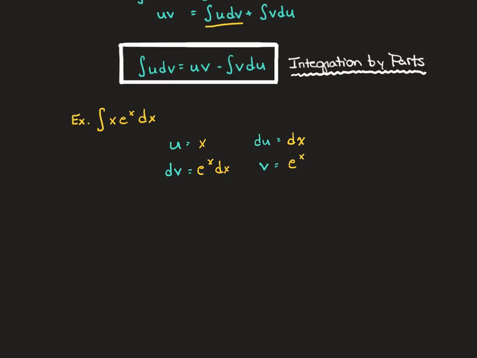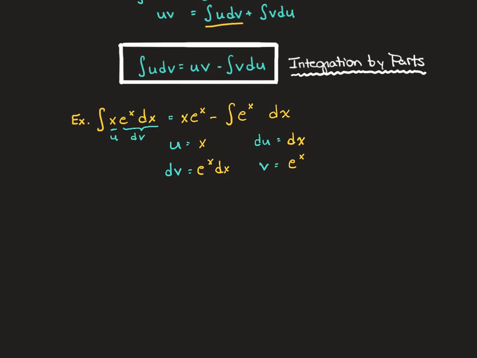All right, so we're doing this labeling system where we've called this u and this dv. And integration by parts says that this should be equal to u times v, that's x times e to the x, minus the integral of v, that's e to the x, dx.